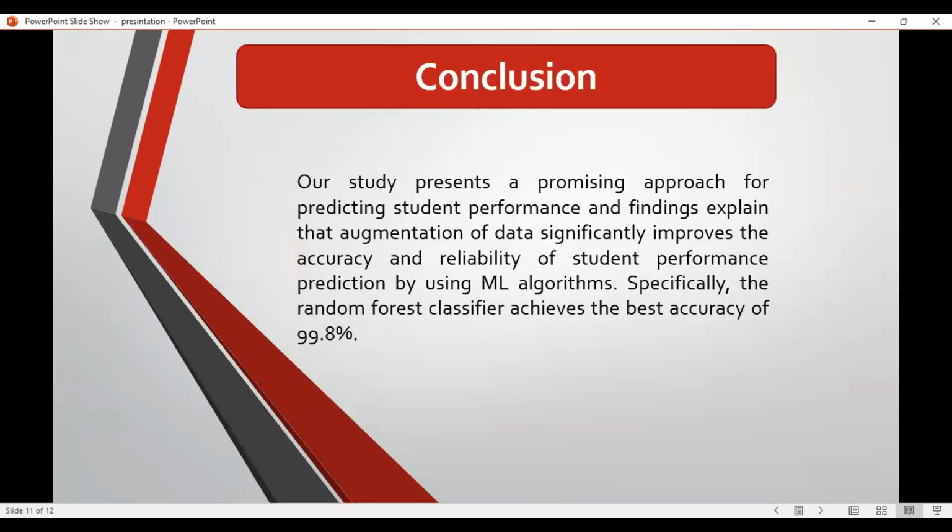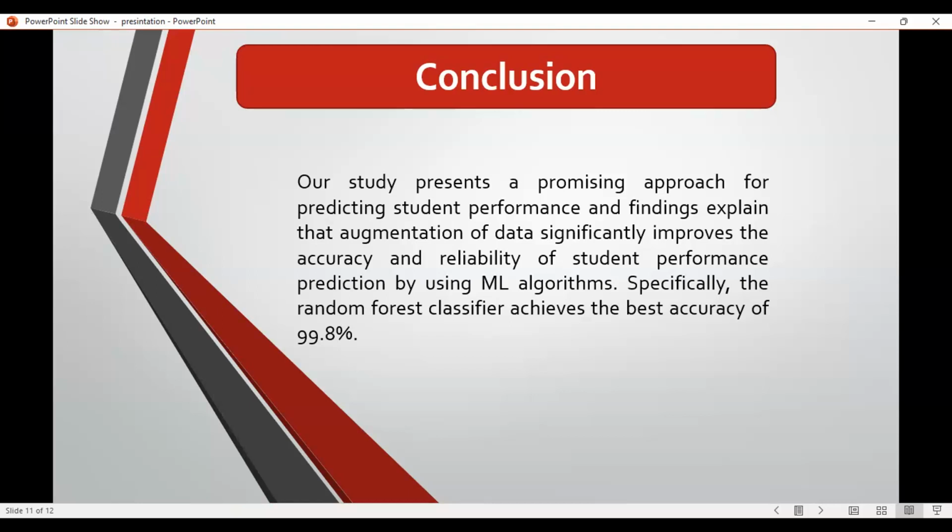Conclusion: our study presents a promising approach for predicting student performance, and findings explain that the augmentation of data significantly improved the accuracy and reliability of student performance prediction by using machine learning algorithms. Specifically, the random forest classifier achieved the best accuracy of 99.8%.